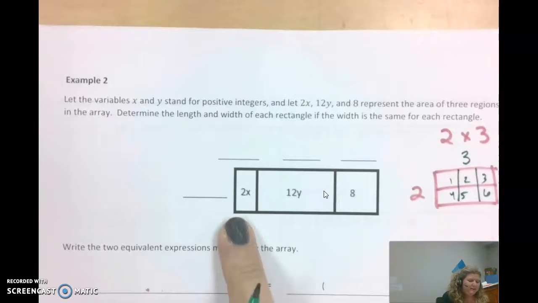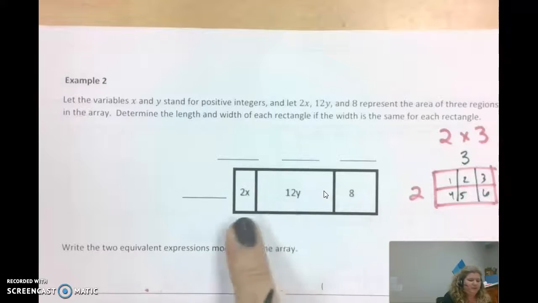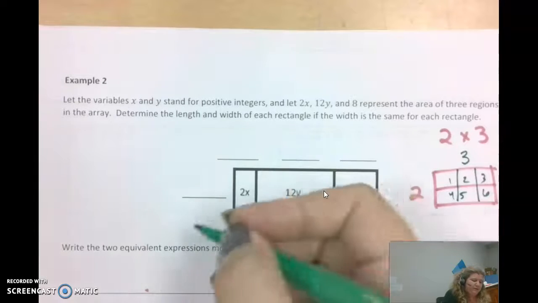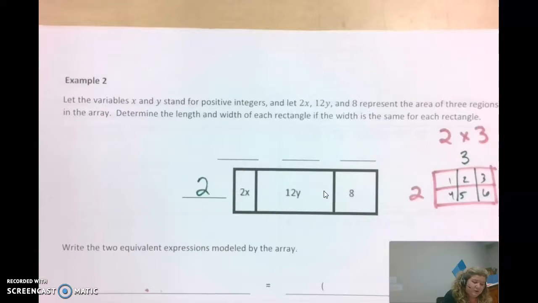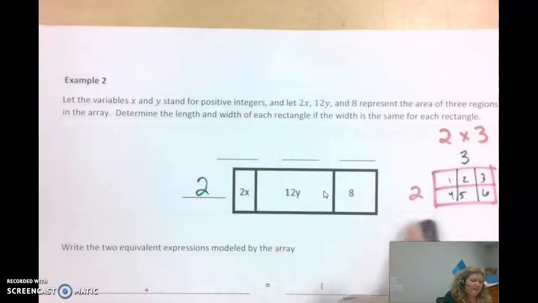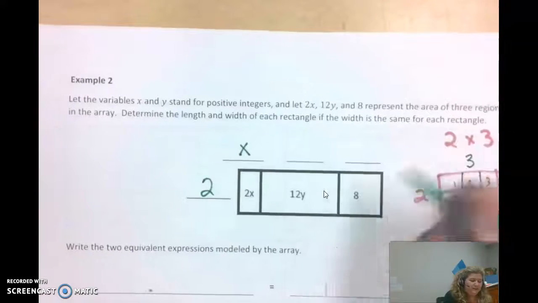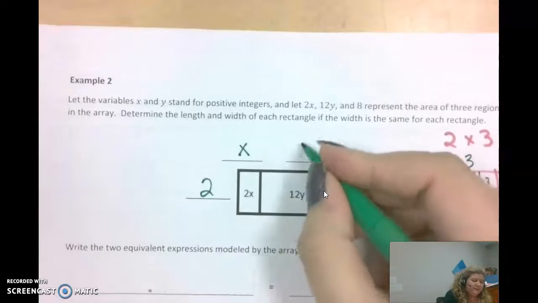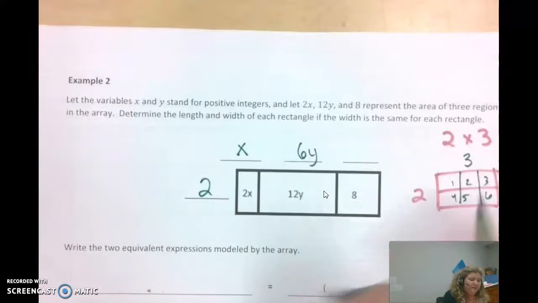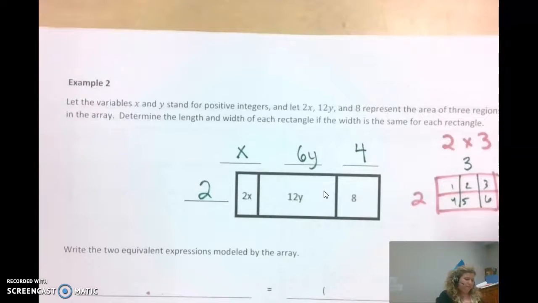Same principle we're going to use over here. I'm going to ask myself, what's the greatest common factor that these 3 terms have in common? And it would be 2. So then I divide each of these by 2. 2x divided by 2 is x. 12y divided by 2 is 6y. 8 divided by 2 is 4.